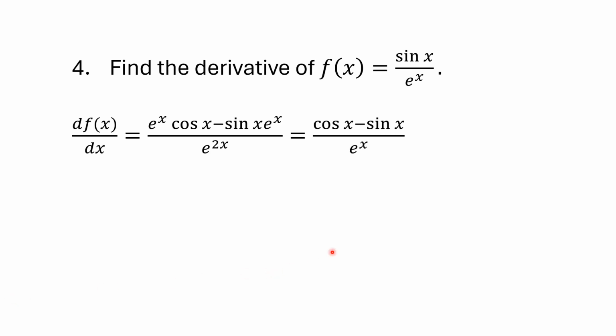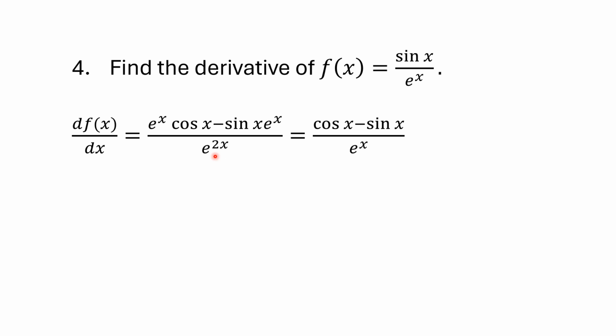Well, the rule is that we take the denominator, e to the x, times the derivative of the numerator, cosine x, minus, and the negative sign is part of the formula, the sine x, the numerator, times the derivative of the denominator, e to the x, over e to the x squared.